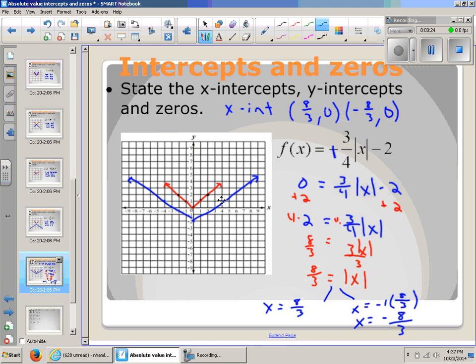I get that from these 2 numbers that I solved out. The y-intercept, very easy. Just look at my graph, and it touches the y-axis at 0, negative 2. And my zeros I get from my x-intercepts. So I have 8/3 and negative 8/3.